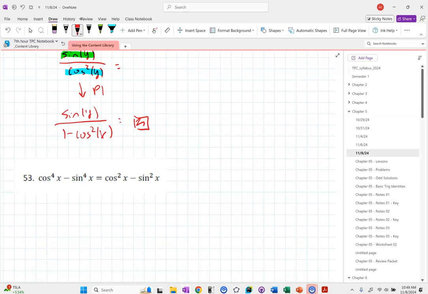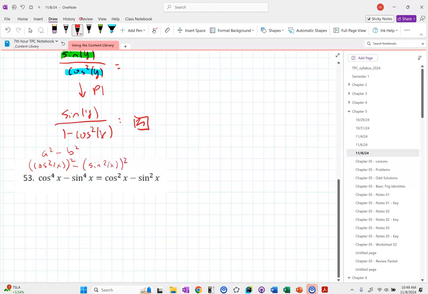Okay. So when I look at the left side, I see cosine to the fourth minus sine to the fourth. When I see that minus sign in the middle and the exponent's even, that looks like a difference of two squares to me. Remember, the difference of two squares is a squared minus b squared. So cosine to the fourth is cosine squared squared, and sine to the fourth is sine squared squared.